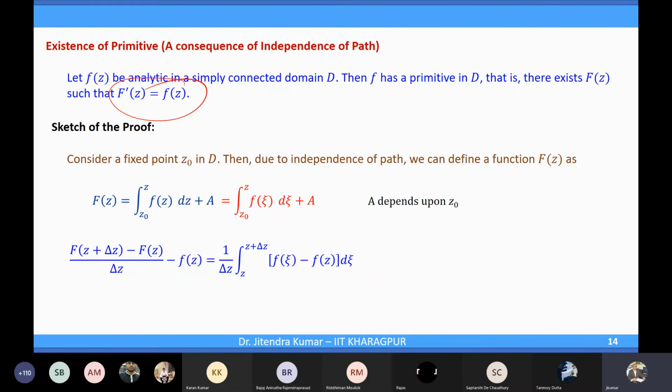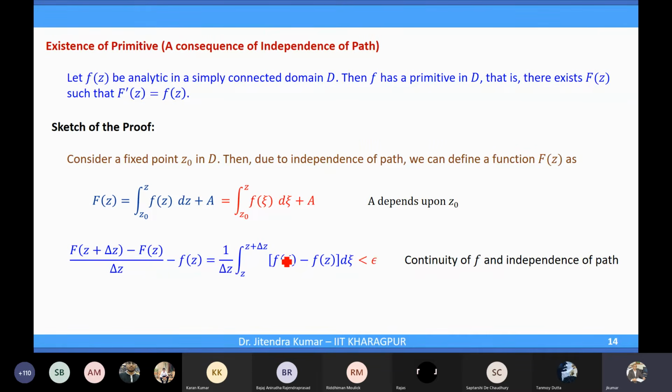So the formal proof is lengthy, which starts with F(z plus delta z) minus F(z) over delta z, minus f(z), where with this integral you can have just the integral from z to z plus delta z of f(xi) minus f(z) d xi, and then you use the continuity of f and independence of path to approach from z to z plus delta z, just a straight line you can take.